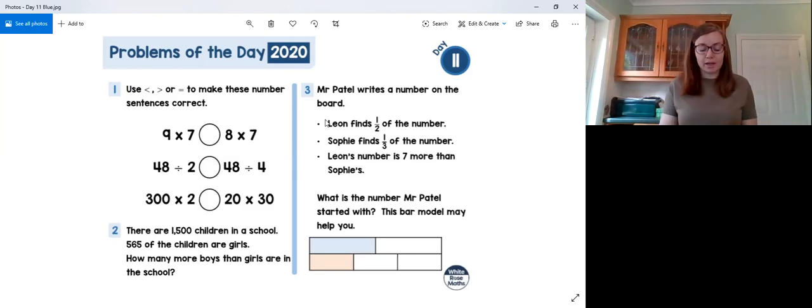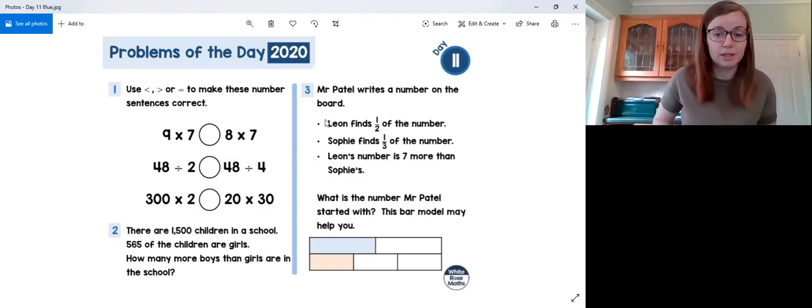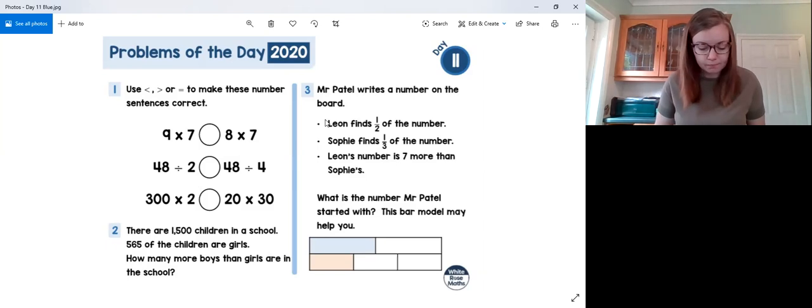Again, if you want to make sure you've got it right, you then plug that into the original question and see if it works. So Leon finds half the number. So half of 42 means I split it in 2, which would be 21. Sophie finds a third of the number. So that means I have to divide it by 3, which is a little bit trickier, but I know that 10 lots of 3 are 30.